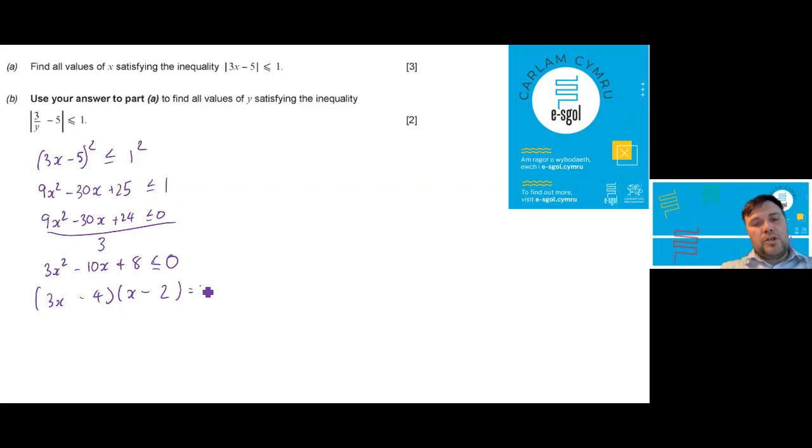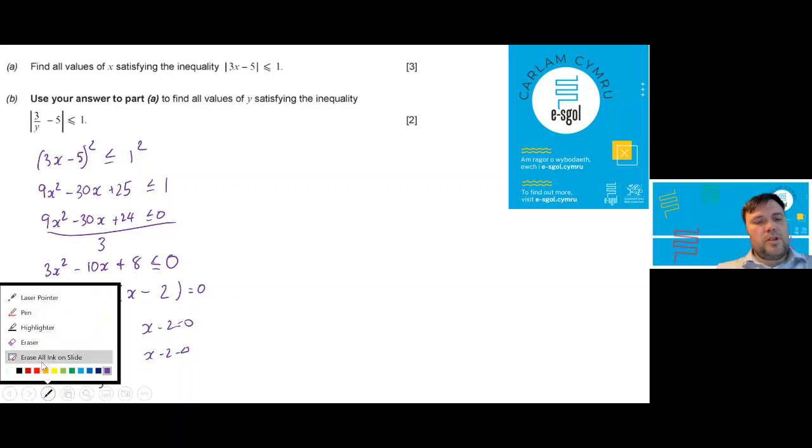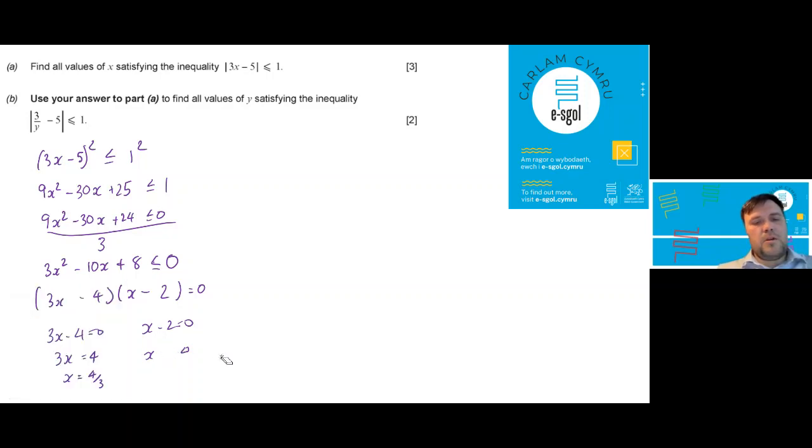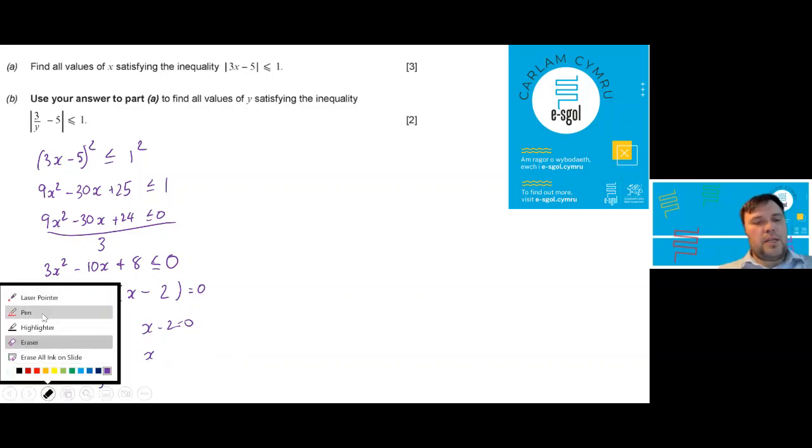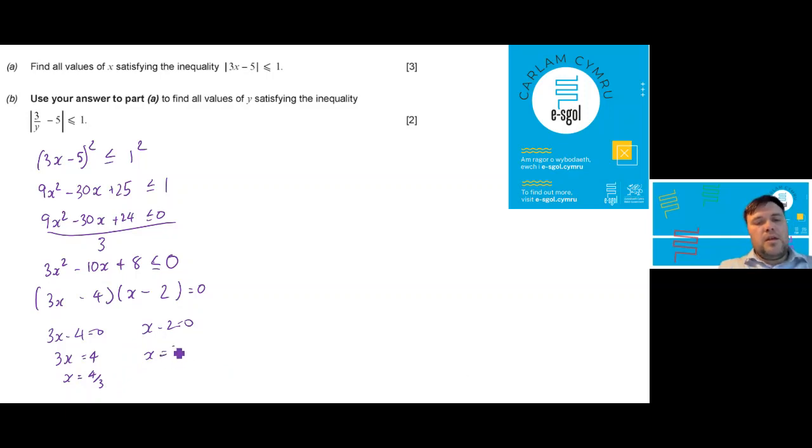So if you remember, you need your critical values. So the critical values are 3x minus 4 equal to 0, x minus 2 is equal to 0. 3x equals 4, x equals 4/3. x minus 2 is equal to 0, take the minus 2 over, so x equals 2. So we have our critical values, and then from that, we need to decide whether it's up to here, where it is less than or equal, or even here, where it is less than or equal to 0.